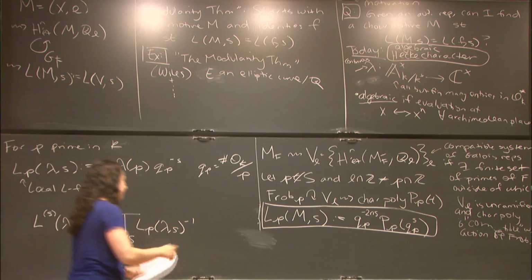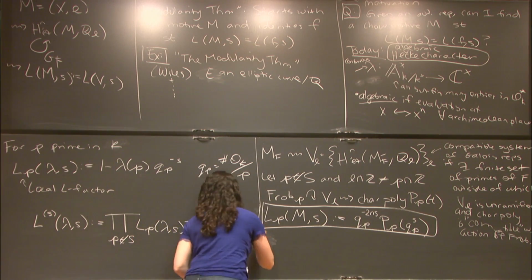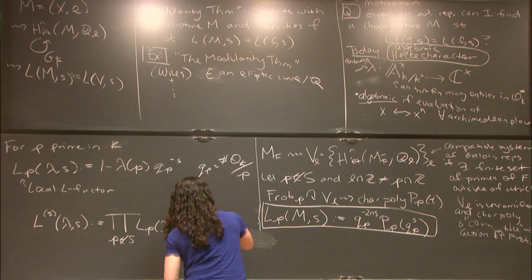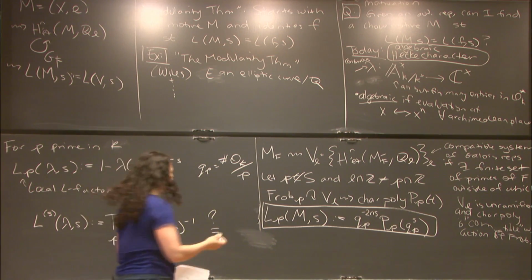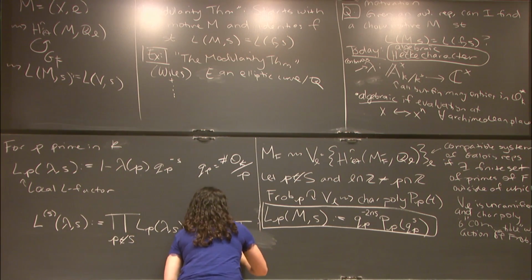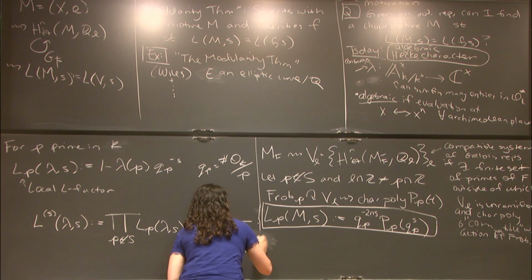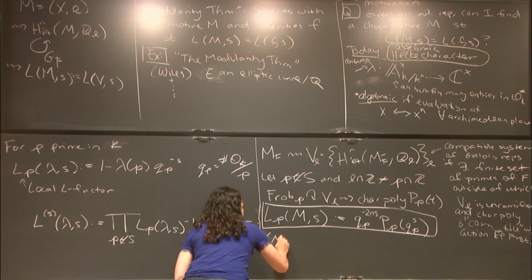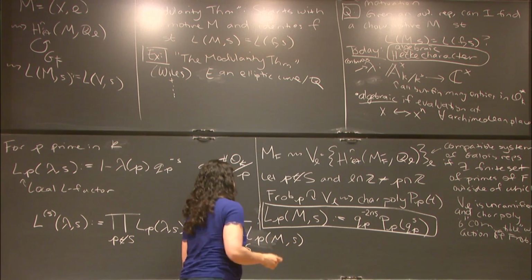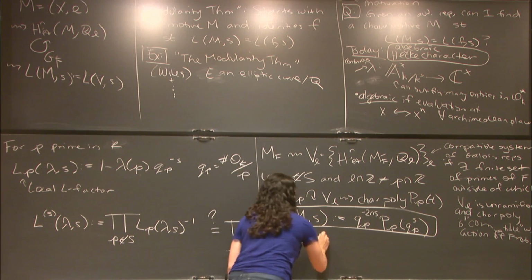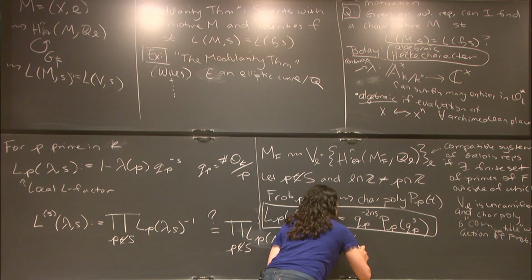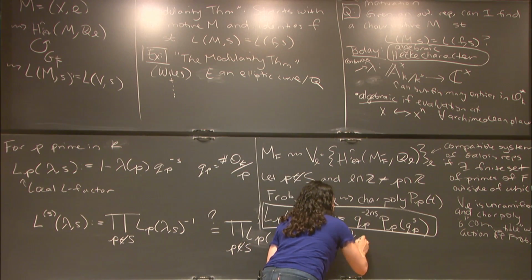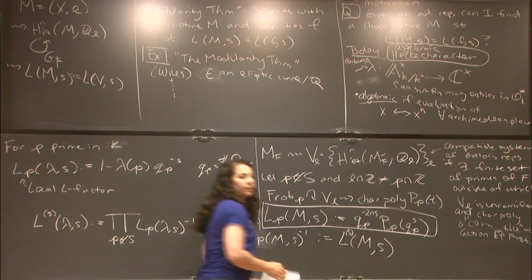And same thing on this side. So we're claiming that these should be equal, although this is sort of the fundamental question, but we can also take the product over all these primes of these local factors inverse, and this is defined to be the L function of this motive.